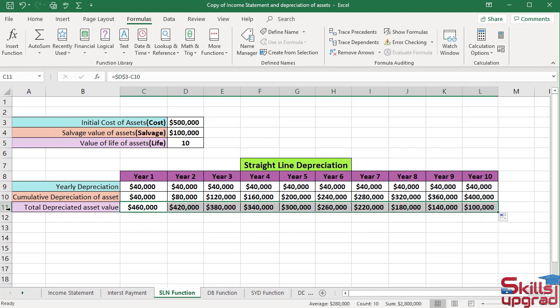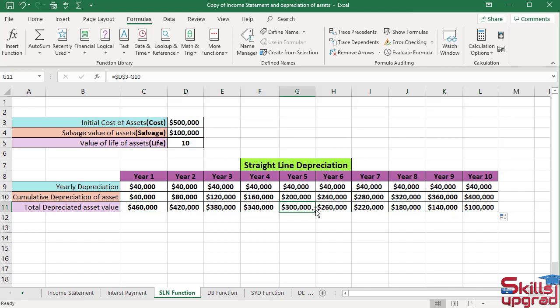You can see in row 11, the asset values of the company are decreasing by a constant amount each year. These asset values are the actual depreciated asset values of the company.